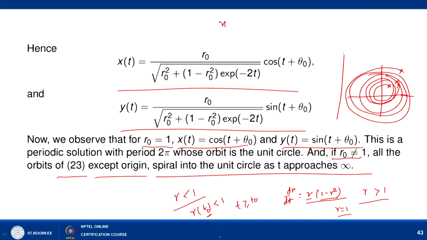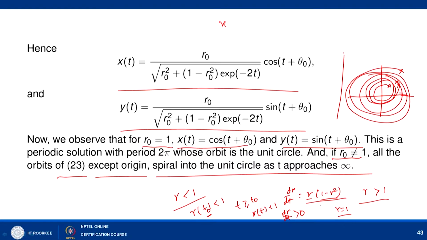And for any time where r of t is less than 1, dr by dt is always positive. So, it means that it keeps on increasing for all values of t for which r of t is less than 1, till it touches the unit circle x square plus y square equal to 1, where your r will become 1.